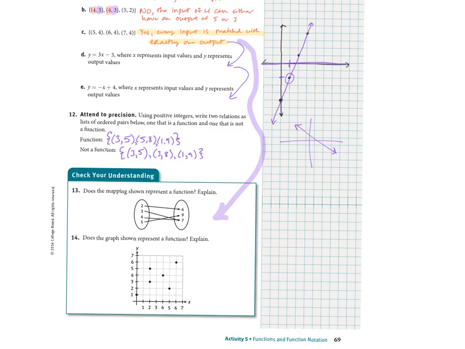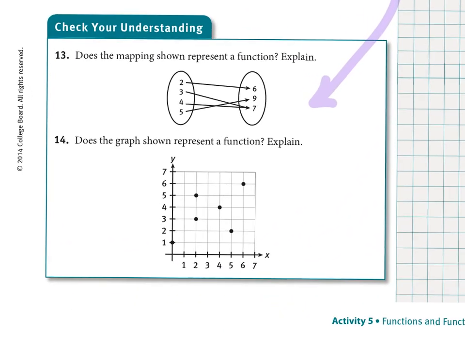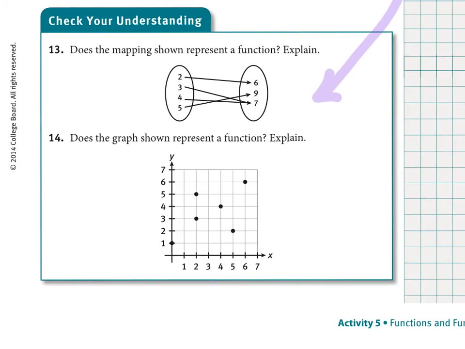Now let's look at 14. It's a little bit of a different graph. So look at it, see if it visually represents a function. Well, let's say I try to go to the input or x value of 2. Look at how many outputs there are.